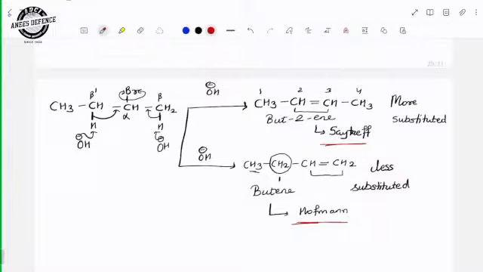Ma'am, we are adding OH to remove this Br. Yes, but OH won't remove Br. It is abstracting the beta hydrogen. When the bonding pair of this bond is shifted between alpha and beta, this Br is removed. It is removed by the energy of this OH.